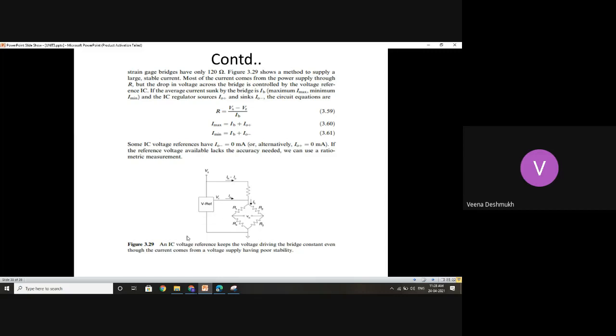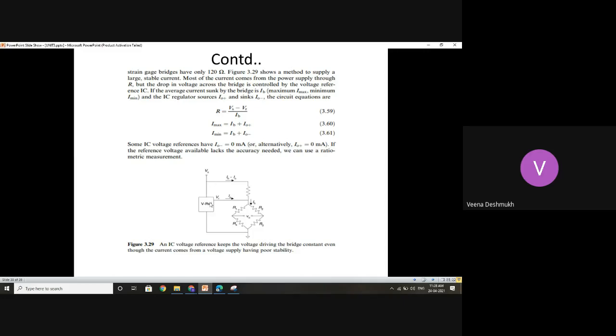You can see here an IC voltage reference. So this is the V reference. This is the input which is coming in, and this is being compared with the V reference. Now if the comparison is resulting in a difference current, then you know very well that this reference and whatever V is getting supplied from the power supply are different.